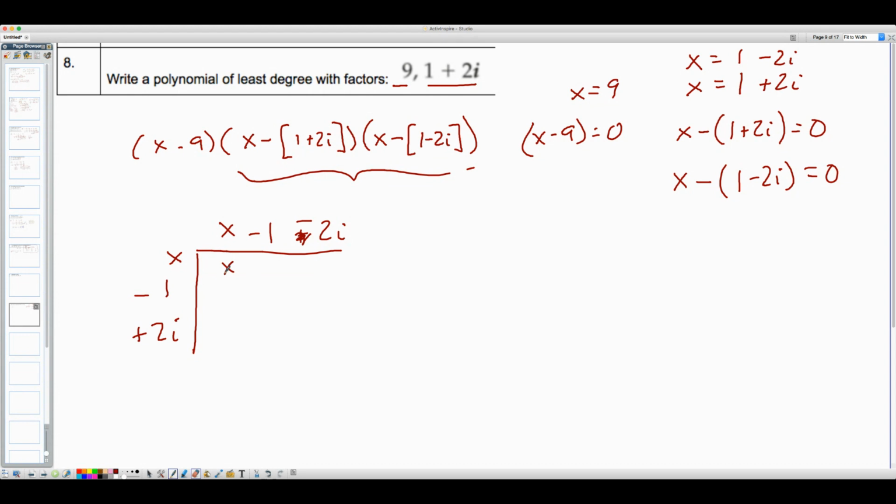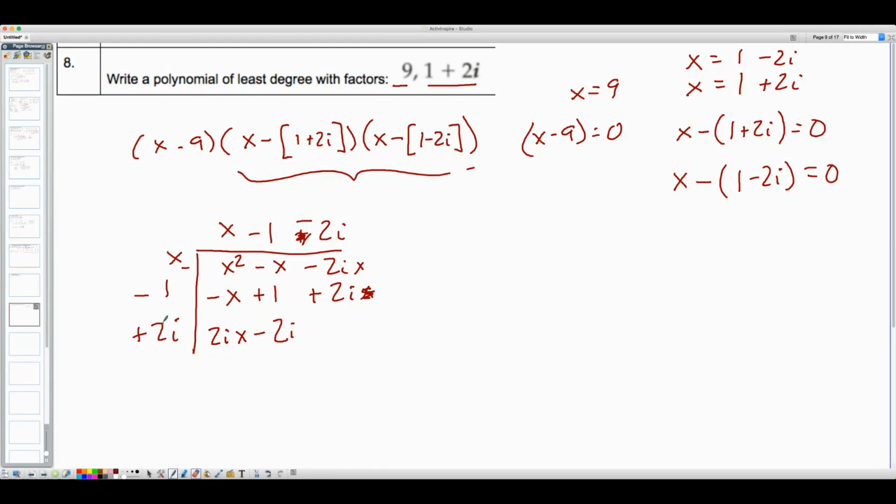So we have x squared, negative x, negative 2ix. Here we have negative x plus 1 plus 2ix. On the bottom, we'll have 2ix minus 2i. I'm sorry, this should be just 2i.